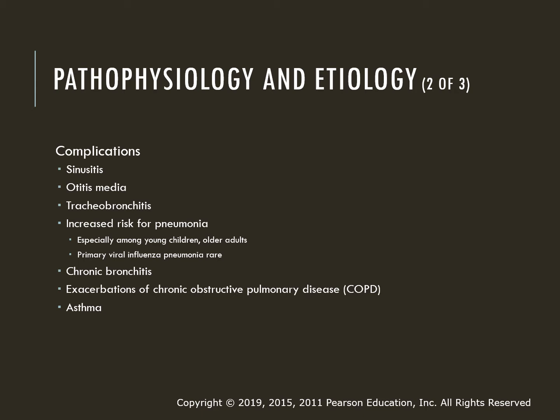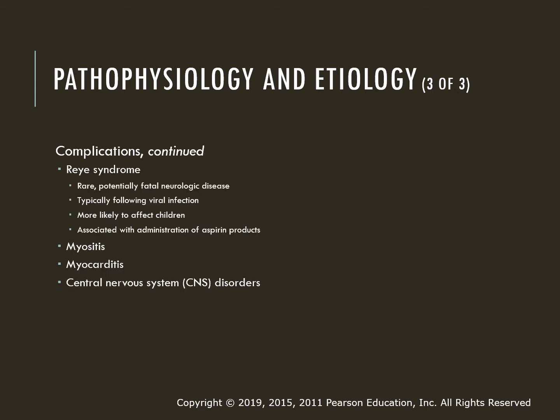Bacterial pneumonia is more likely to occur in older at-risk adults, but also may affect otherwise healthy adults. It usually presents as a relapse of influenza. You'll have a productive cough and evidence of pneumonia on the chest x-ray. Other respiratory complications of the flu include exacerbation of COPD, chronic bronchitis, or asthma.